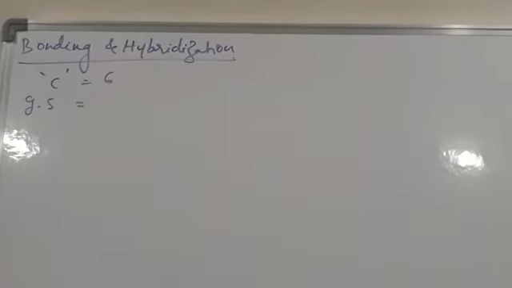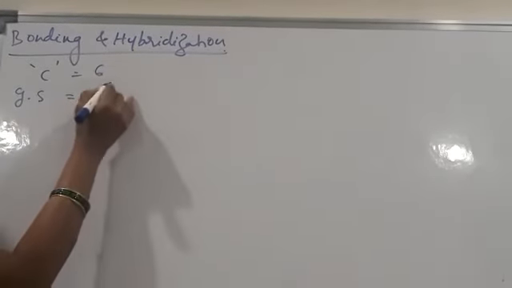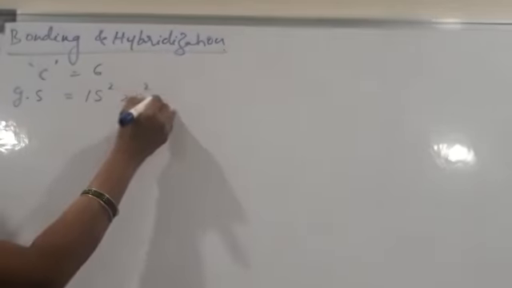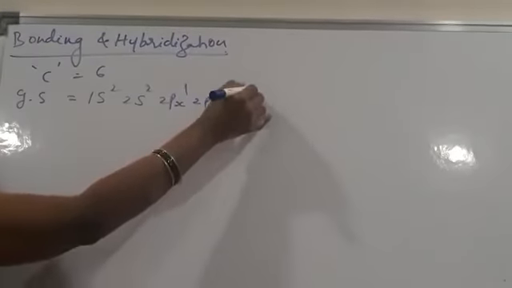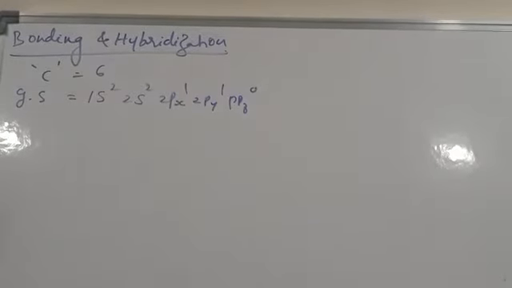Carbon atomic number is 6. So, ground state electronic configuration is 1s2, 2s2, 2px1, 2py1, 2pz0.